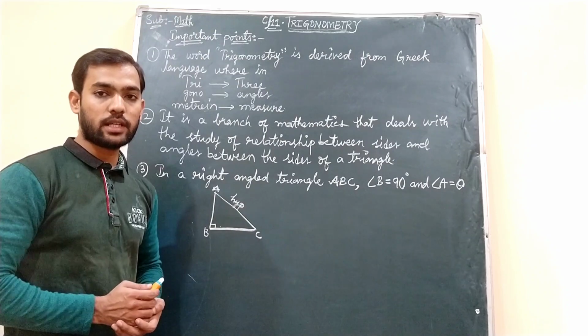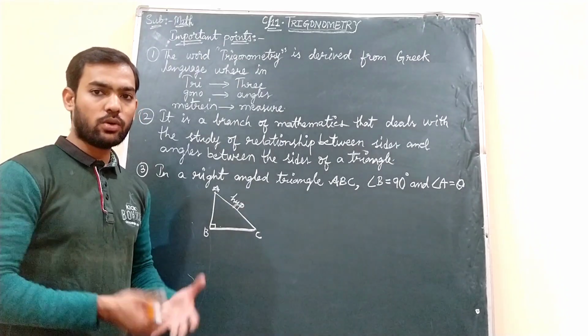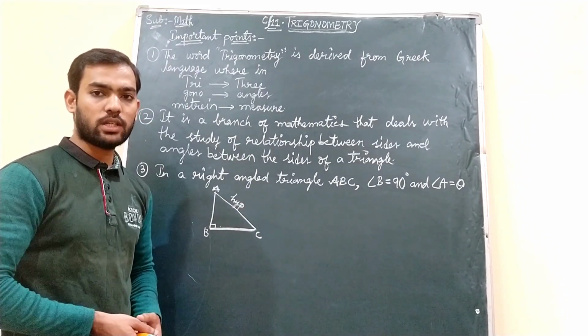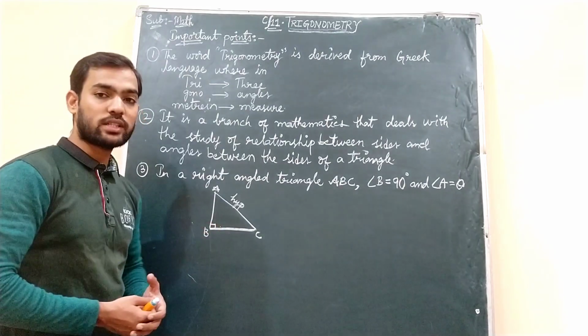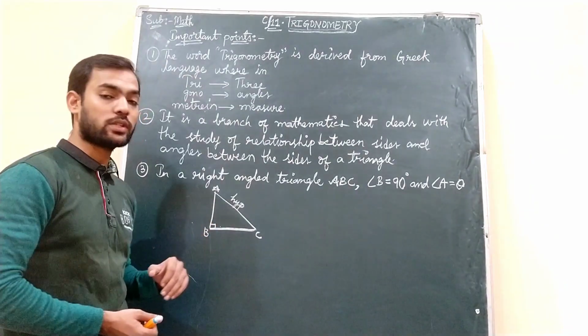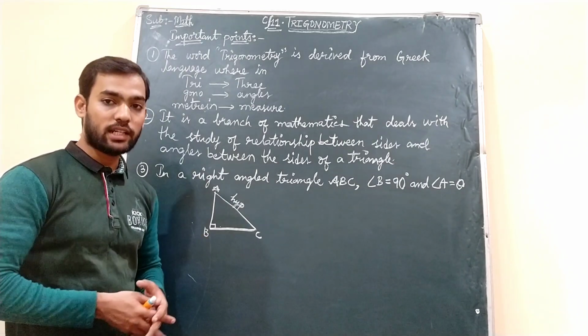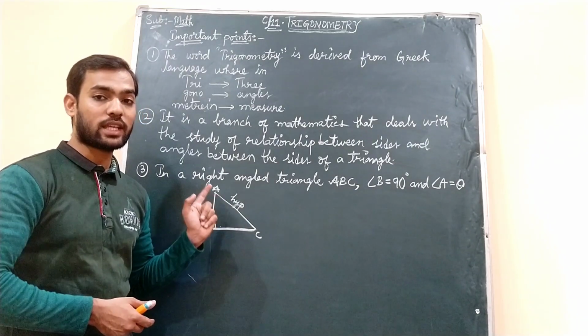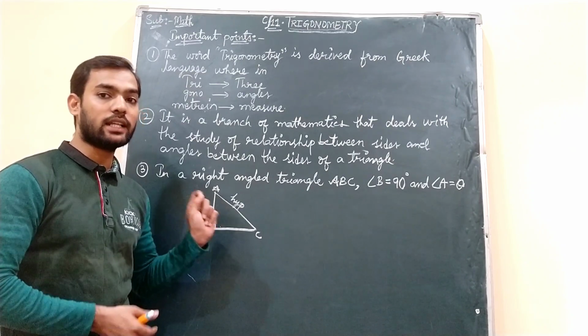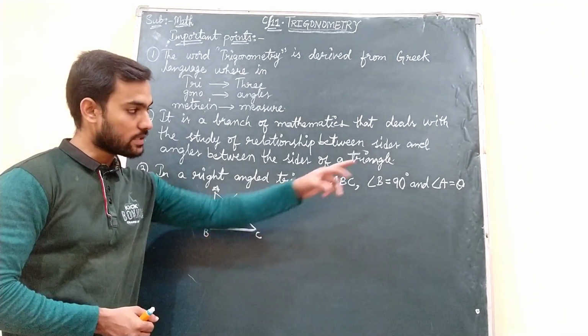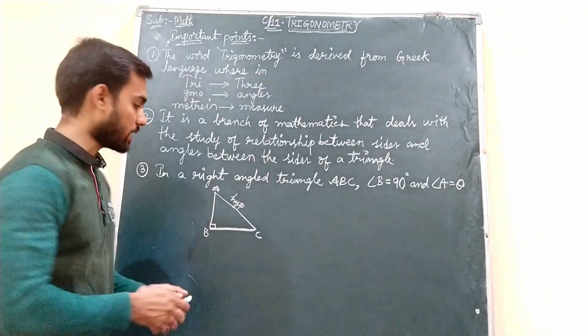Two more sides will be there, the opposite side and the adjacent side. When I ask many students which is the opposite side, some people will say AB is the opposite side, some will say BC. But a few talented students will say we cannot decide which is the opposite side until and unless we have theta. That is the reason I have taken angle A as theta.